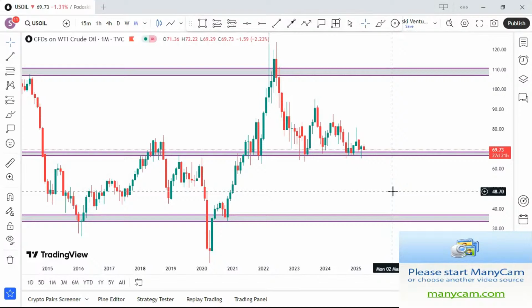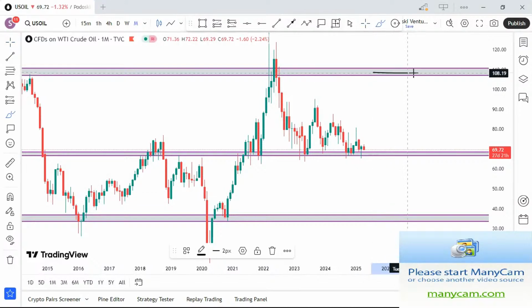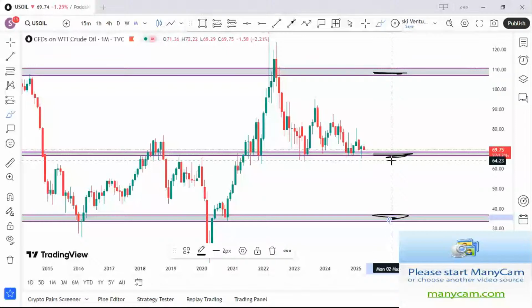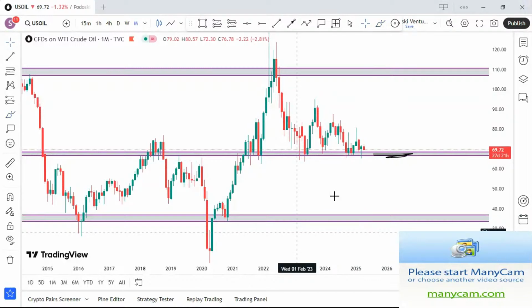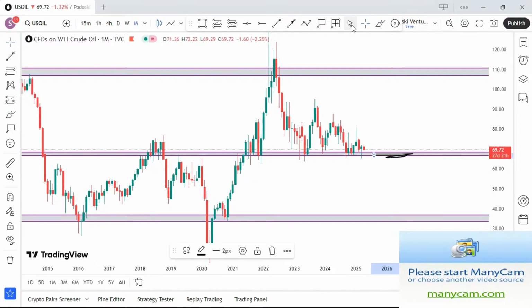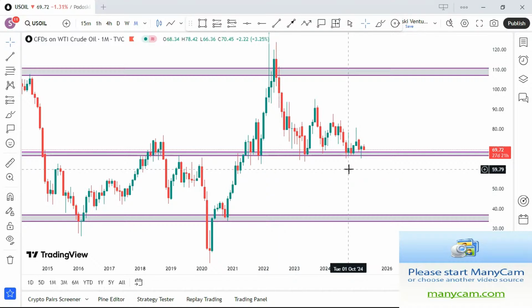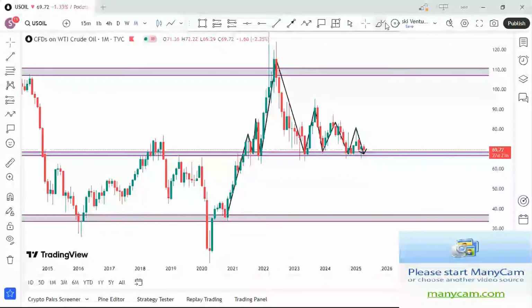But before we do that, on US oil, I have my monthly upper zone here, my monthly midway zone, and my monthly lower zone. So on US oil, what is price doing? I'm seeing a bullish market.